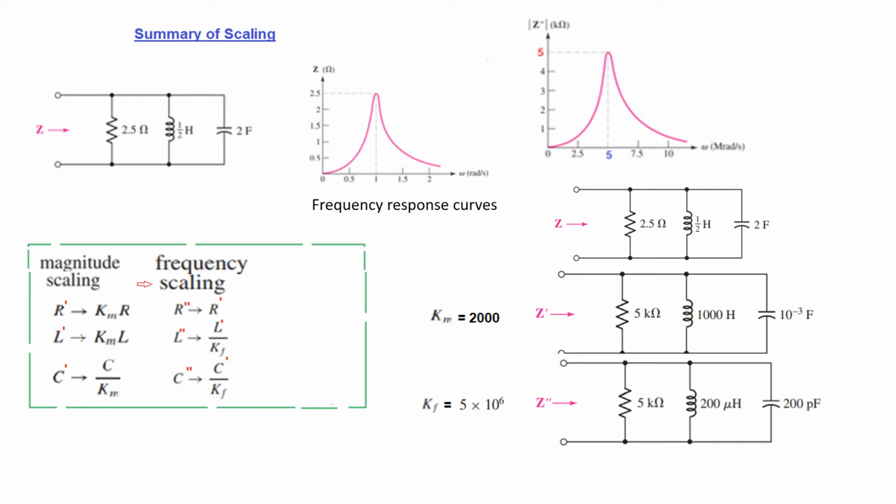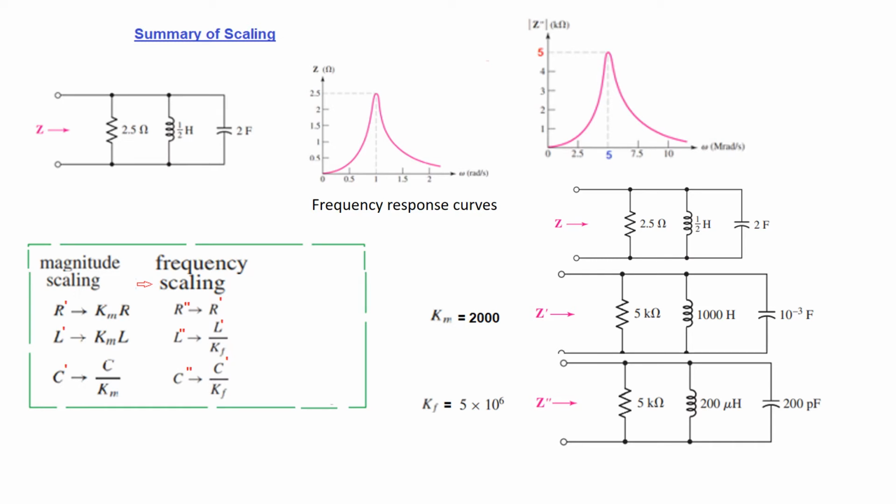Similarly, when we go for frequency scaling, the resistance remains the same. Now the inductance, the modified inductance, which is L dash, will now be divided by Kf or the frequency scaling factor. So if you see here, half was multiplied by 2000, we got 1000, and now this will be divided by 5 into 10 raised to the power 6 to get 200 microhenry, and similarly for the capacitor.